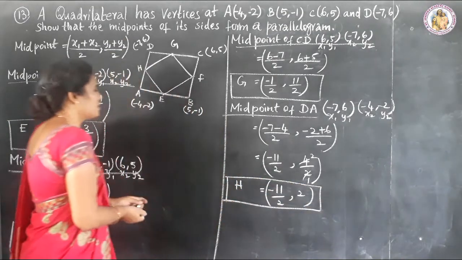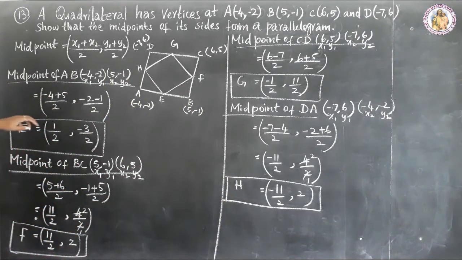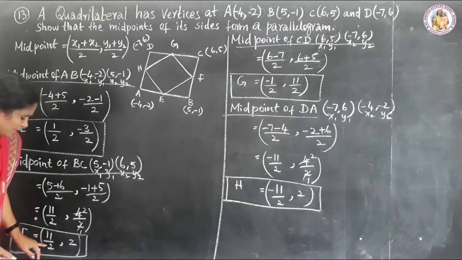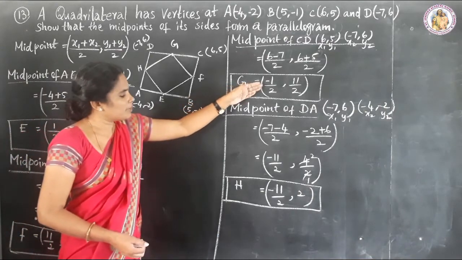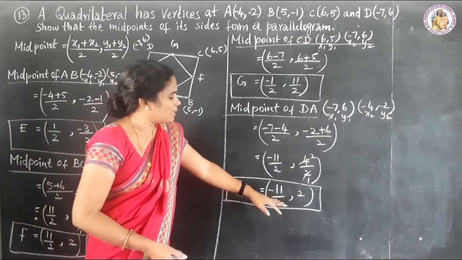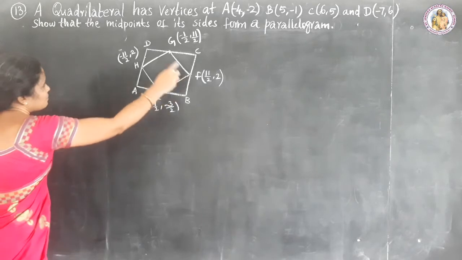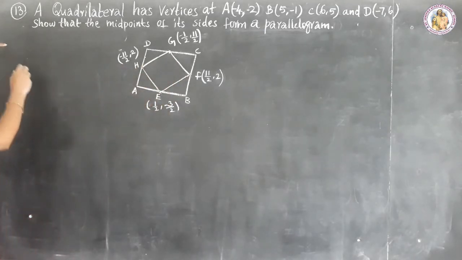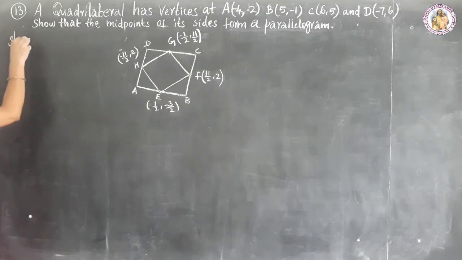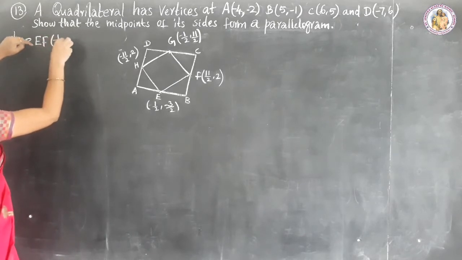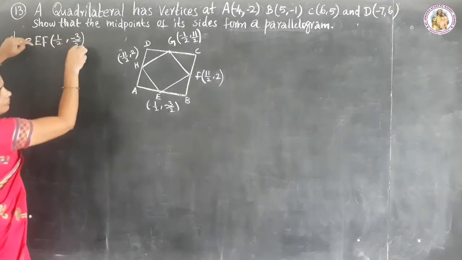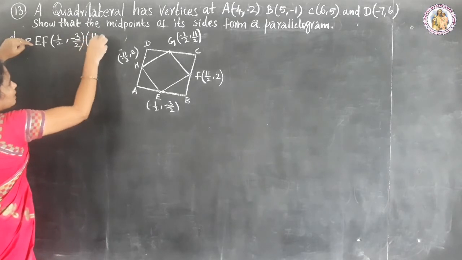So now the points, E is (1/2, -3/2) and F is (11/2, 2).